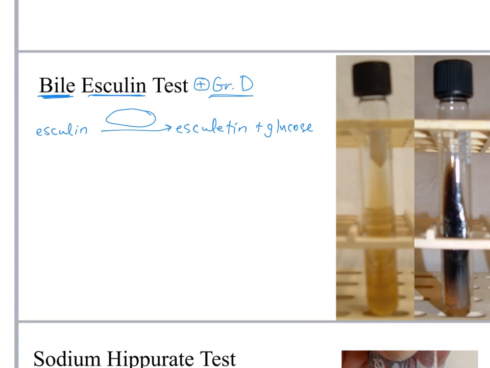Okay, so this is the bile esculin test, and we usually label these BEA, bile esculin agar. This is what it looks like when it hasn't been inoculated. Remember, when you're inoculating a slant with your loop, you're just going to streak on the surface there. Okay, we'll incubate it. And there's actually some iron in that slant that will react with the esculetin to give us a black color change if the organism is positive.